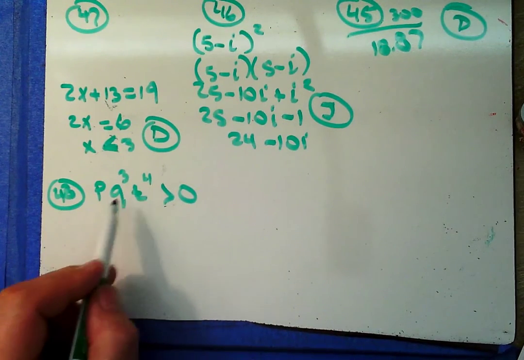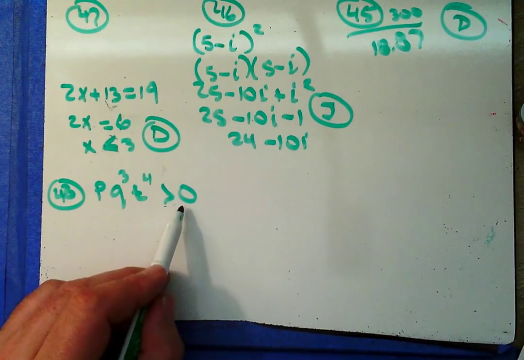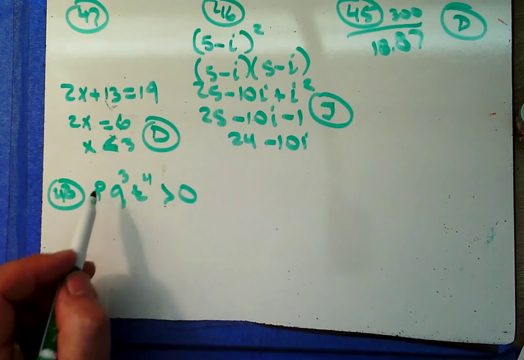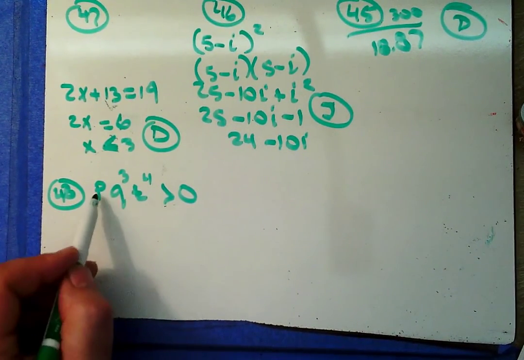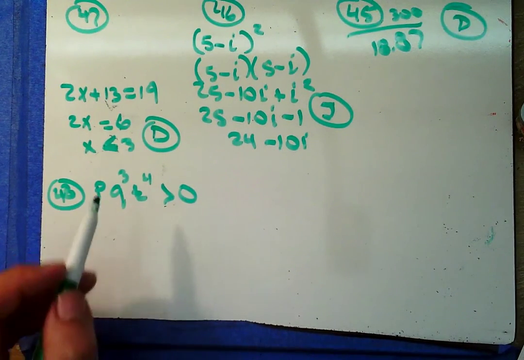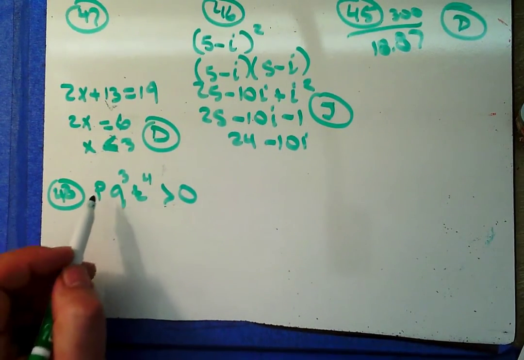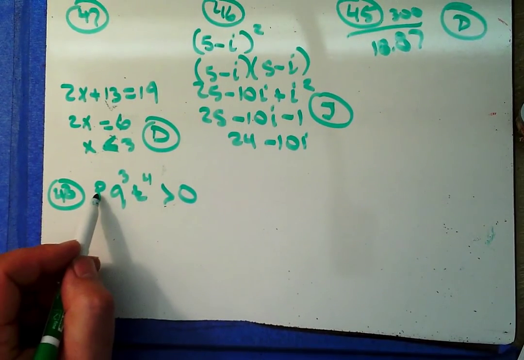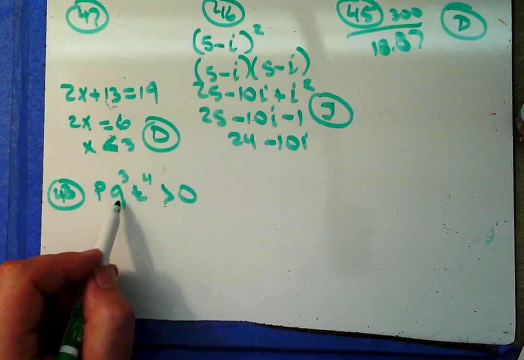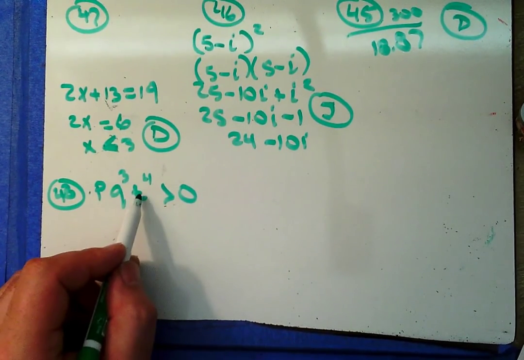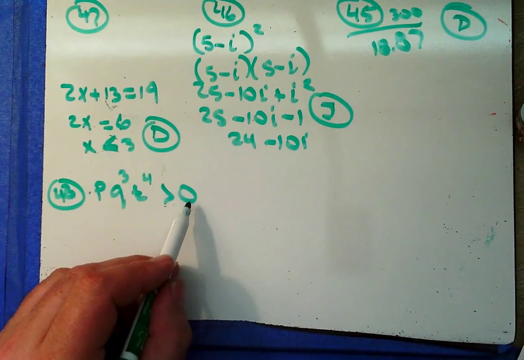But positive times these must also be positive, so this times this must be positive. Now, if I put a positive into each of these, I'll get a positive times a positive times a positive, which is positive. But check out what happens if I put in a negative for each of these. I get negative p, negative q to the third, negative times negative is positive, times a positive is greater than 0.